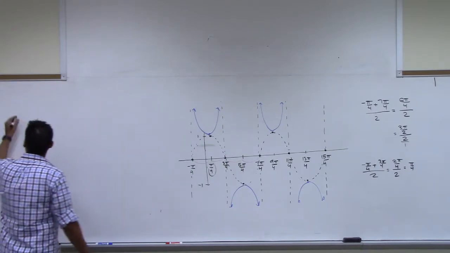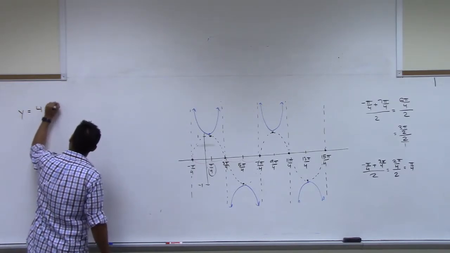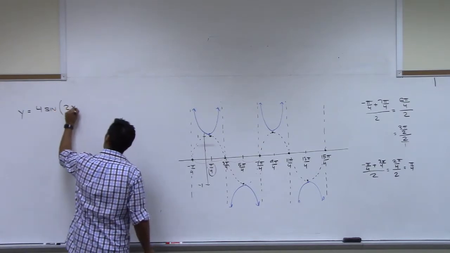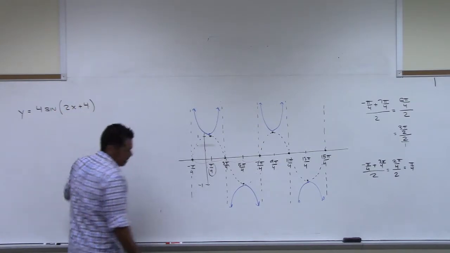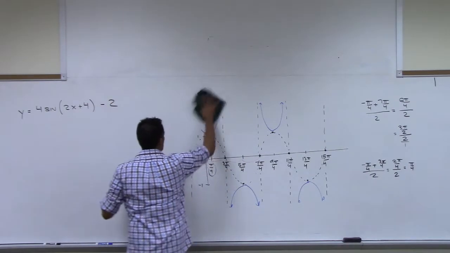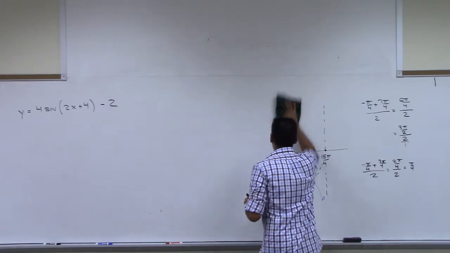So how about this one? 4 sine of 2x plus 4, and then minus 2. Same thing here. I want us to graph this and find the domain and range.